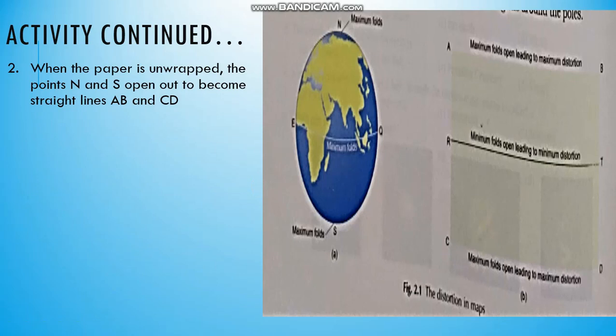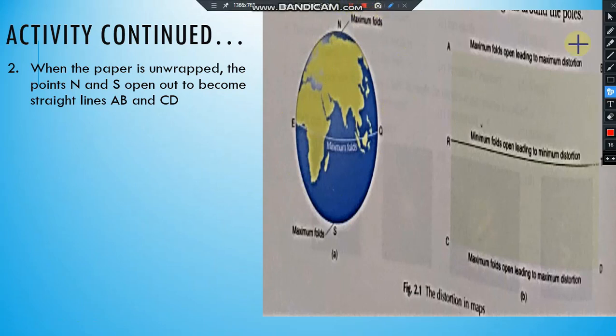So when the paper is unwrapped, what you have to do now? You have to open that paper. You have to unwrap that paper. The points north and south open out to become straight lines A, B and C, D. So this North Pole, imagine that there is a paper and you have opened it. After opening the paper, you will see this type of paper.